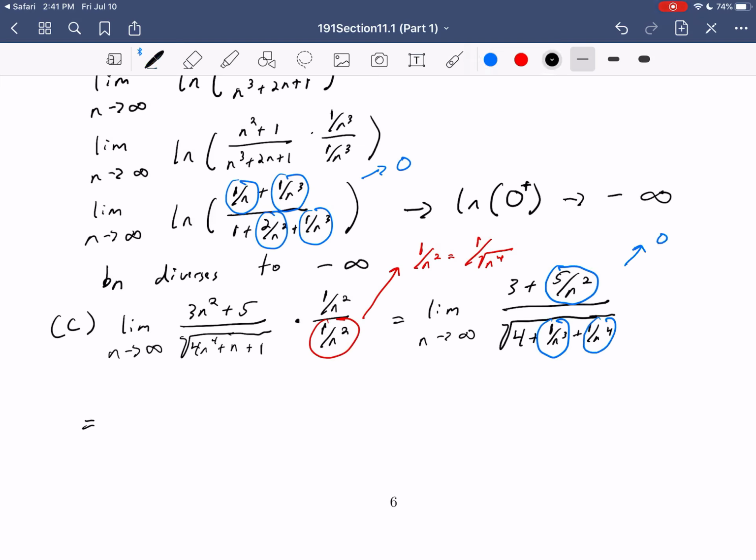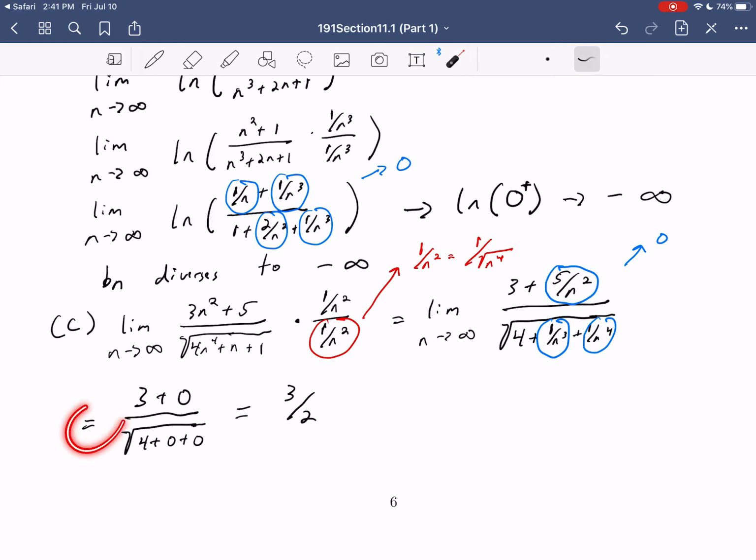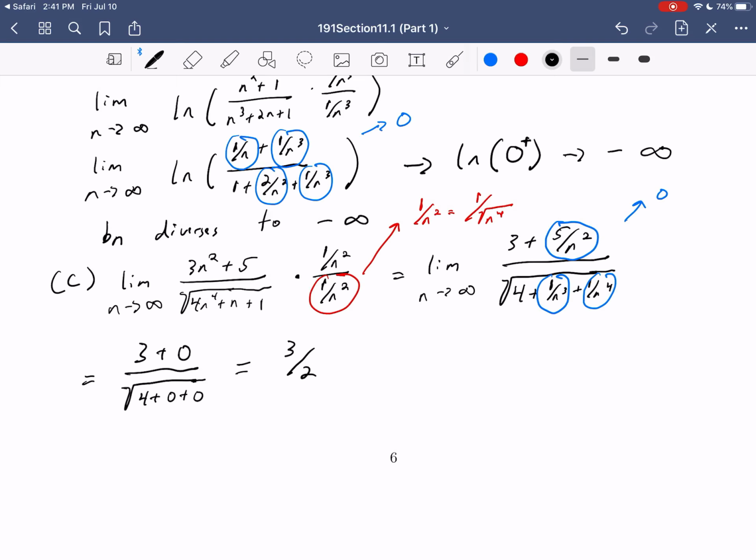So this looks like we're going to get 3 plus 0 over the square root of 4 plus 0 plus 0, which is going to be 3/2. And notice that I'm safe in writing equals here because I'm getting a number, not something that's going off to some infinity. So we can say c sub n converges to 3/2.